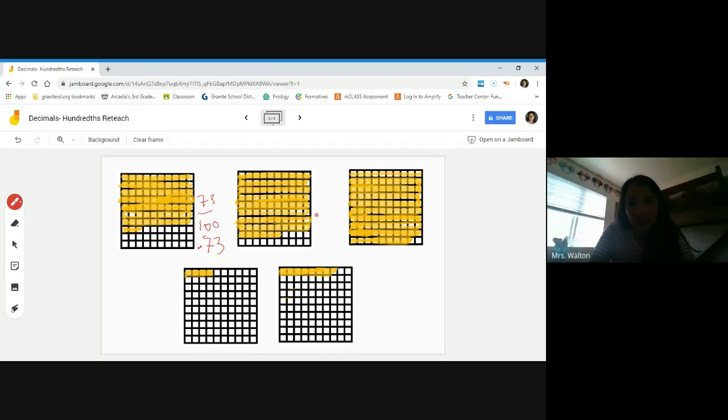So let's take a look at this one. We have 100 as our denominator again, and I'm going to count by tens. 10, 20, 30, 40, 50, 60, 70, 80, 81, 82. Wait, no, I think I'm off. Let me look again. 10, 20, 30, 40, 50, 60, 70, 80, 86 was right.